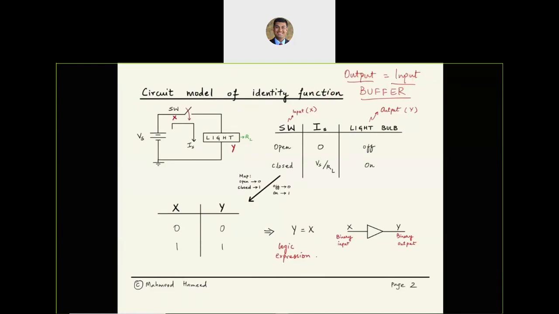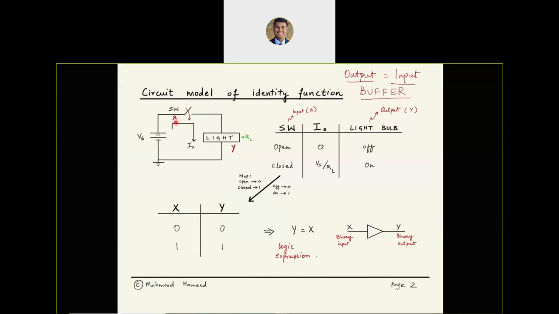So let's see how we can build this function using a circuit. For this, we need a voltage source, an actual switch toggling between the open and the closed positions, and say we have a light that could potentially turn on and off. So we are going to represent the position of the switch by using a variable.